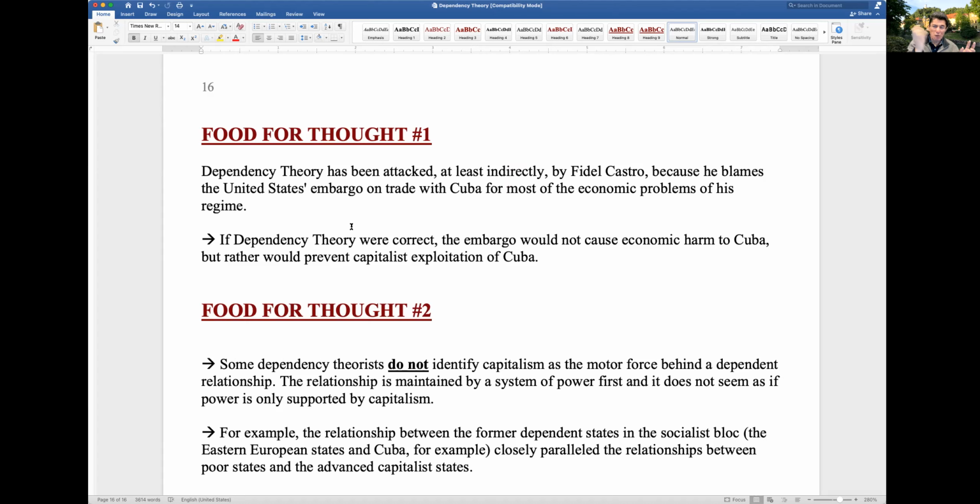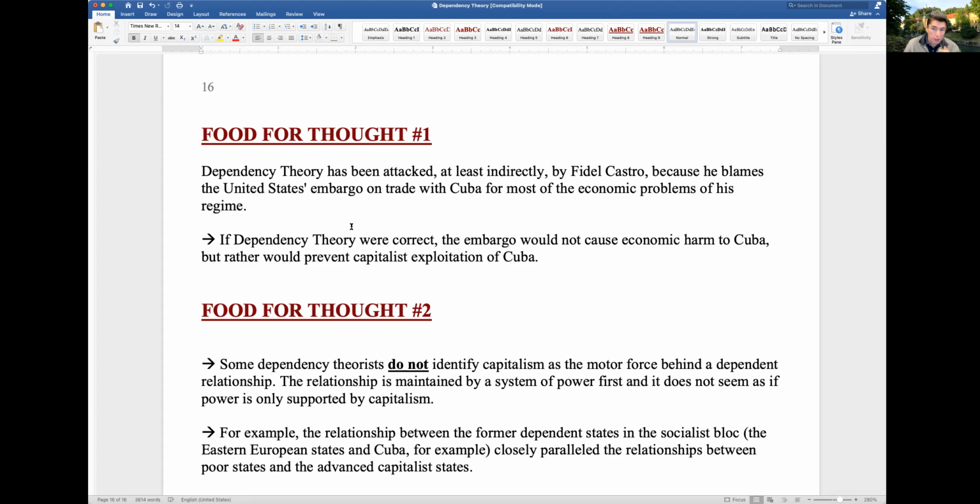No medicine, no food, no resources for these guys, right? So the idea was to choke the Cuban economy, hoping that the population in Cuba was going to rebel and overthrow Fidel Castro. Well, that never happened, right? Until actually he died, and that didn't happen.